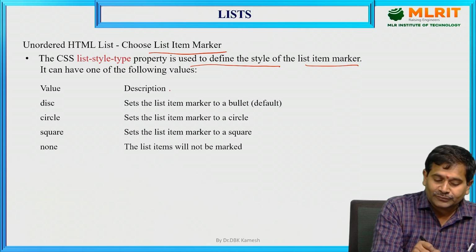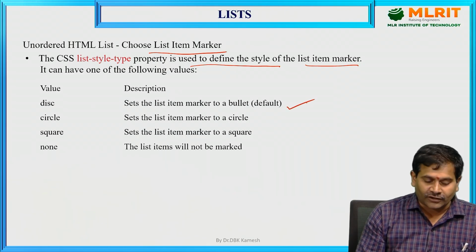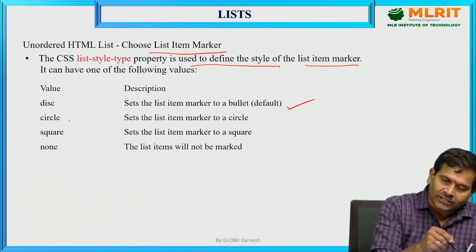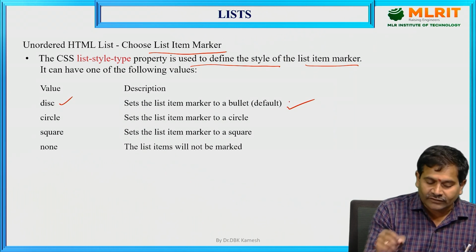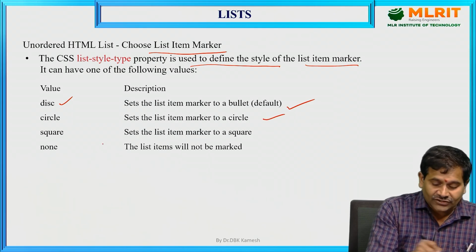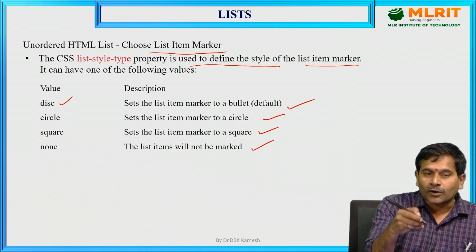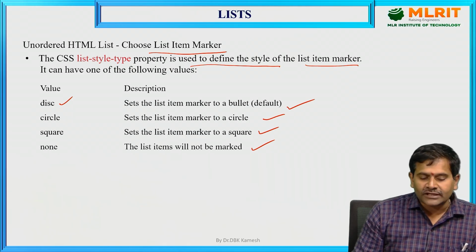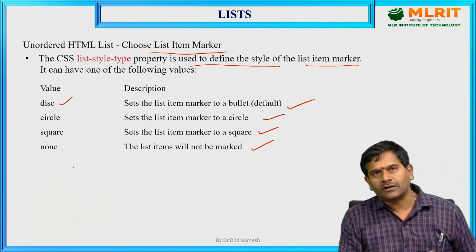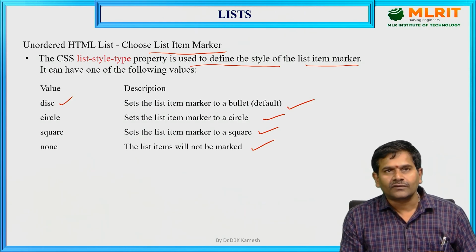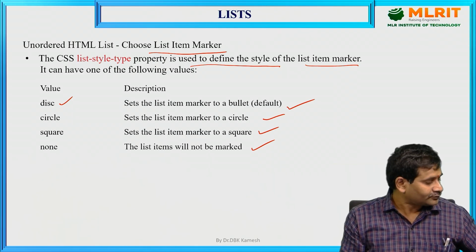The value disk sets the list marker to the bullet, which is the default, so with or without giving it you get a disk. The second one is circle, then square, none, etc. These are the different varieties of properties available for choosing the list marker: disk, circle, square, none. These are the varieties of unordered list used in an HTML program.